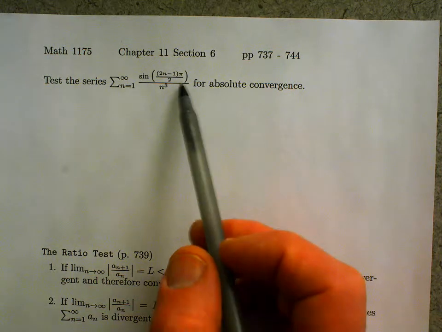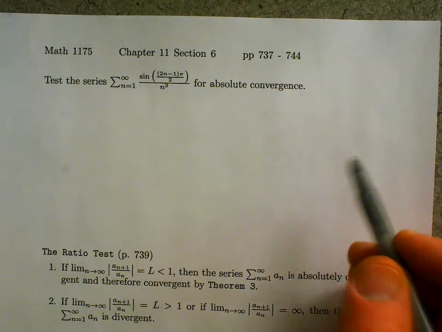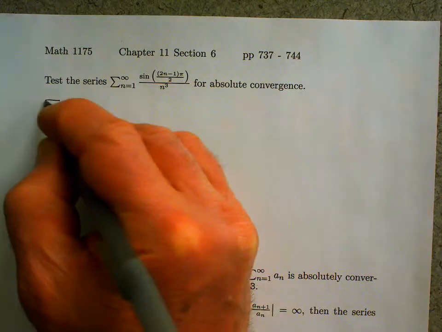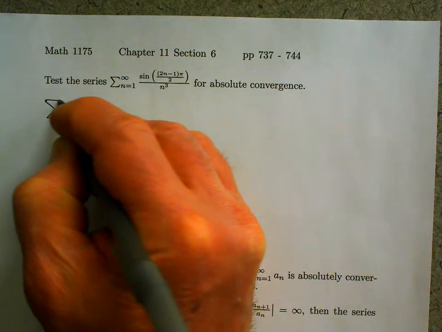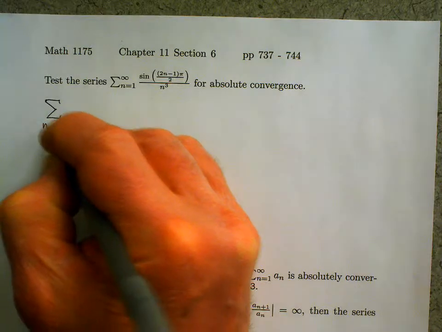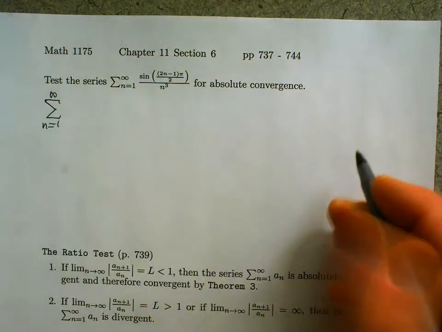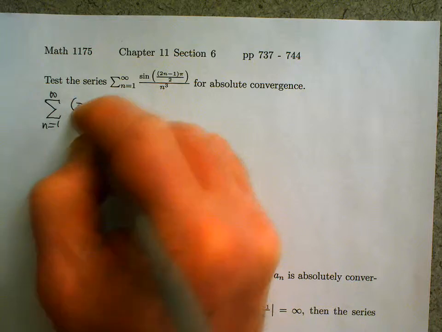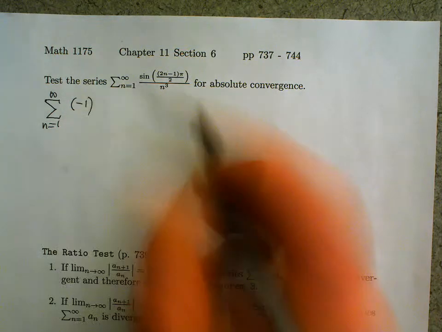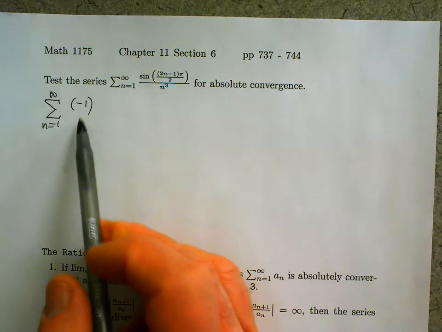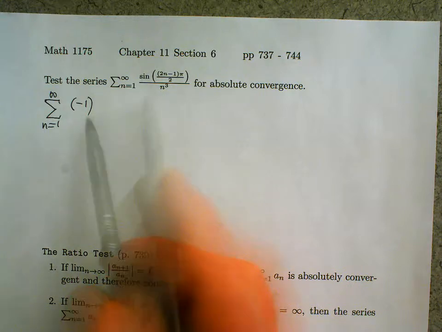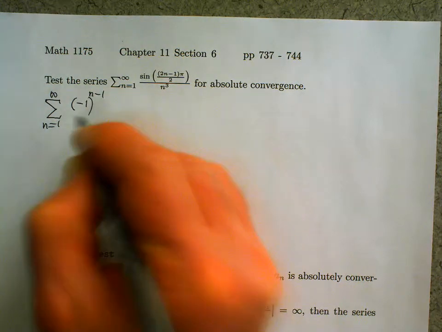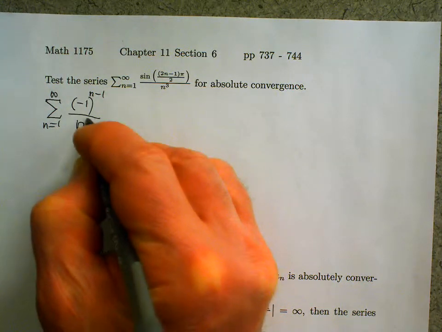So this is just an alternating series. We can write it so that it's more obviously an alternating series. In the numerator, we'll replace the sine expression with negative 1 to the n minus 1, and then divided by n to the third.